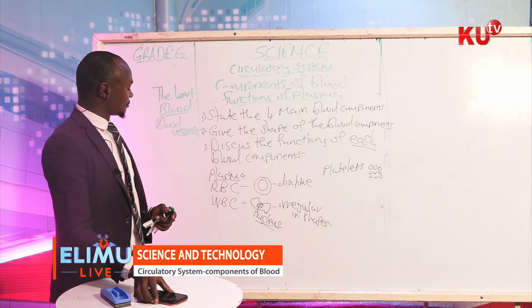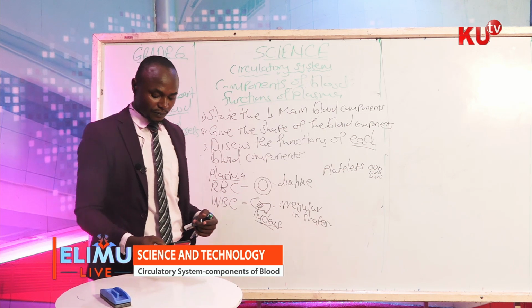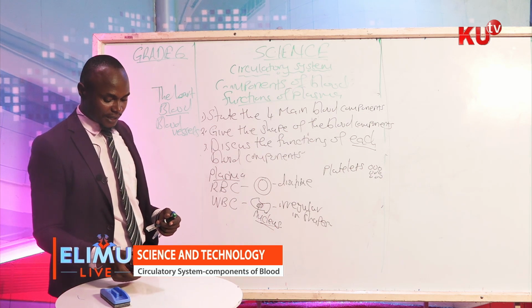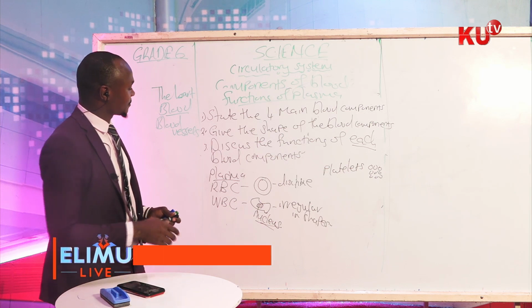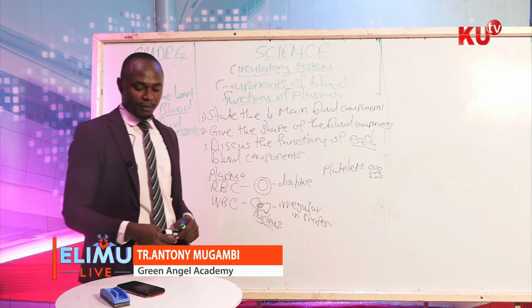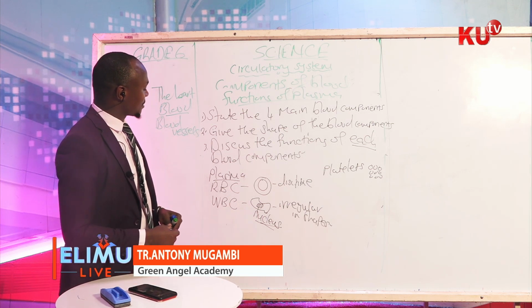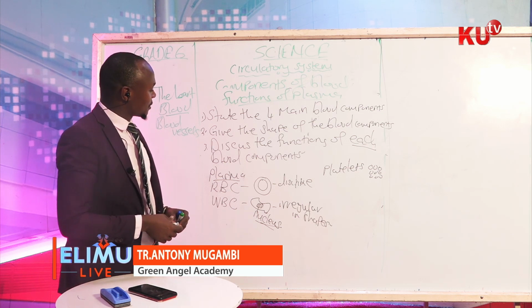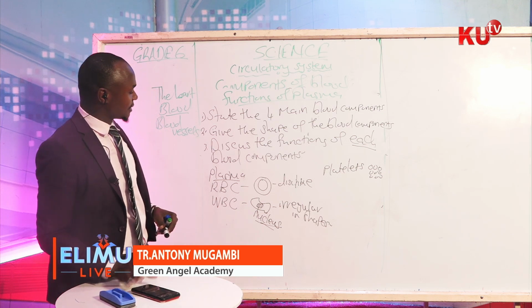The blood plasma. We have discussed a lot of functions of the blood plasma, and we have come up with a simple mnemonic that can make us remember the functions of the plasma.